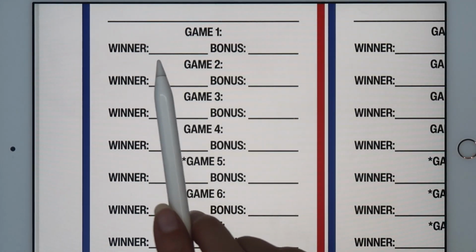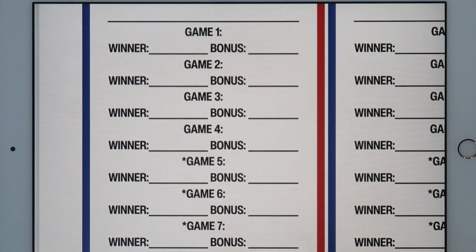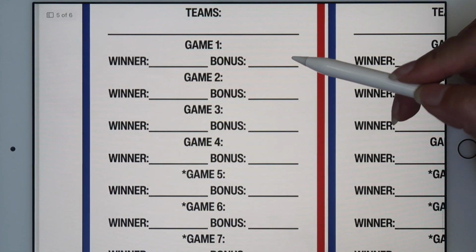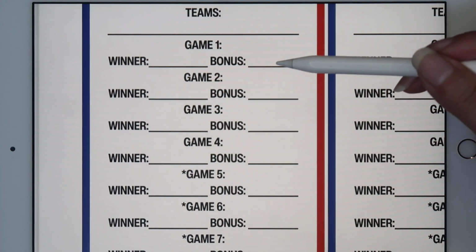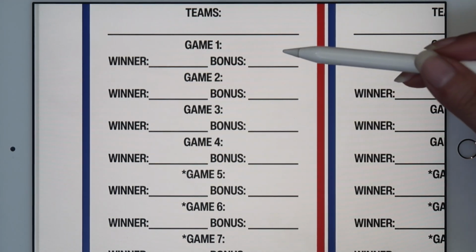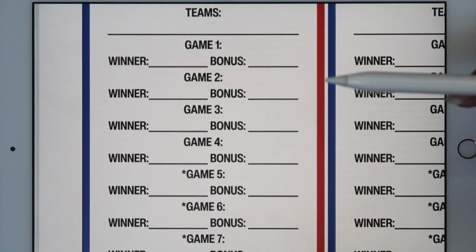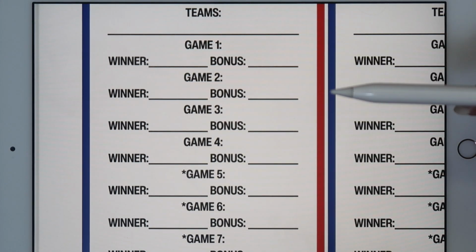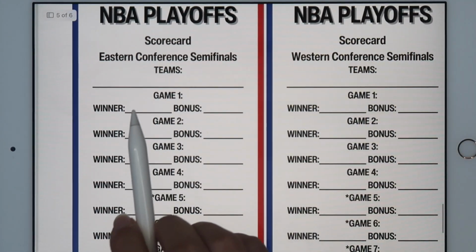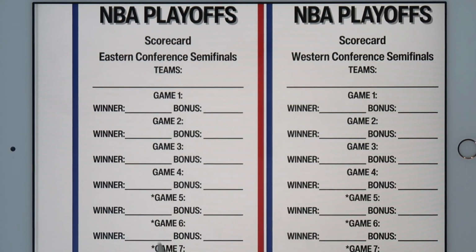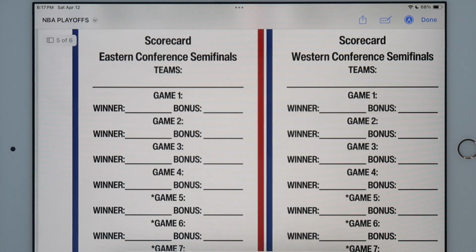So we'll be naming our winner each game, and then the bonuses are the amount of winning points that were scored, the individual player points if there's any, and if a game goes to overtime as well. And then again, we'll be choosing our team for the entire round.